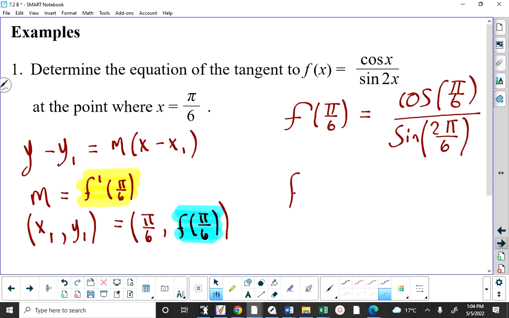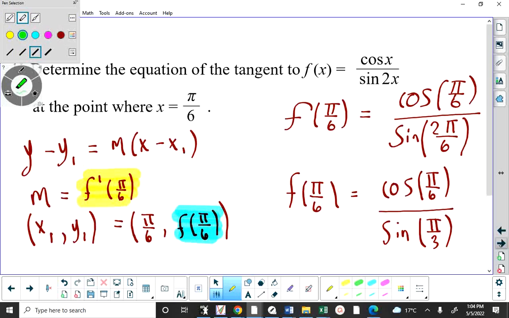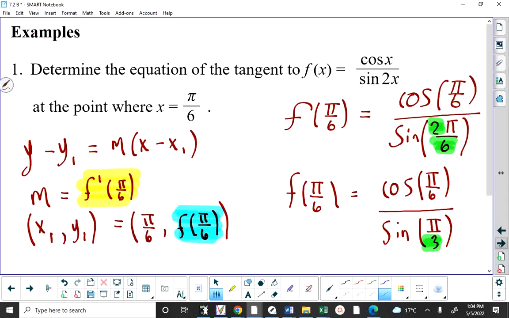That means that f at pi over 6 radians is equal to cosine of pi over 6 over sine of pi over 3, because 2 over 6 reduces to 1 over 3. Right, 2 divided by that 6 gives you 1. I'm not going to put the 1 in. Gives you 1 divided by 3.